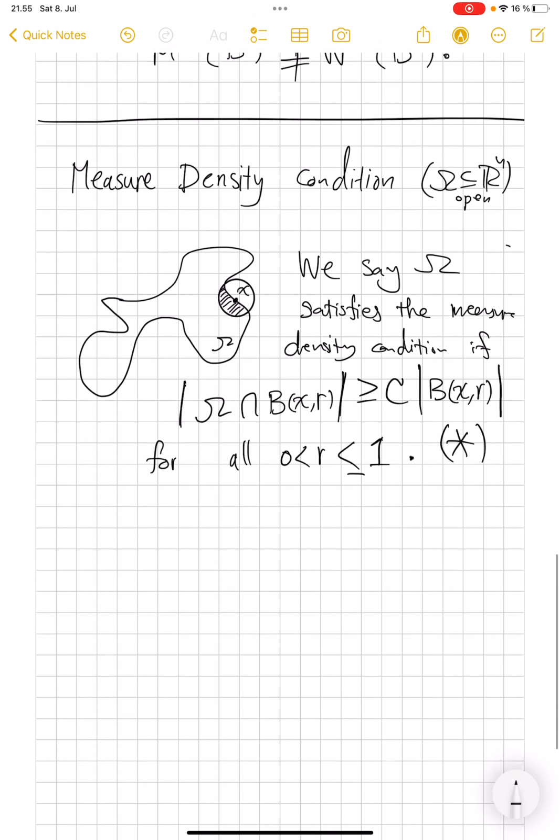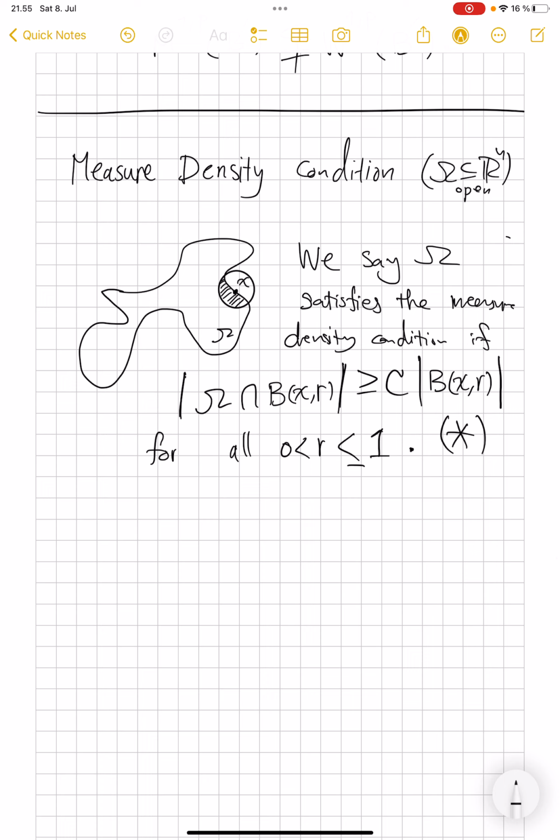So this avoids some very bad domains, like those with a very sharp cusp, which I failed to draw.